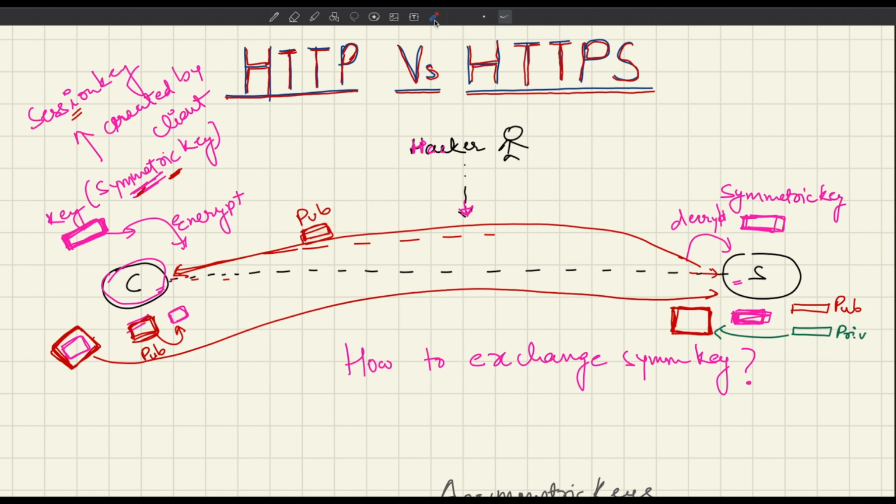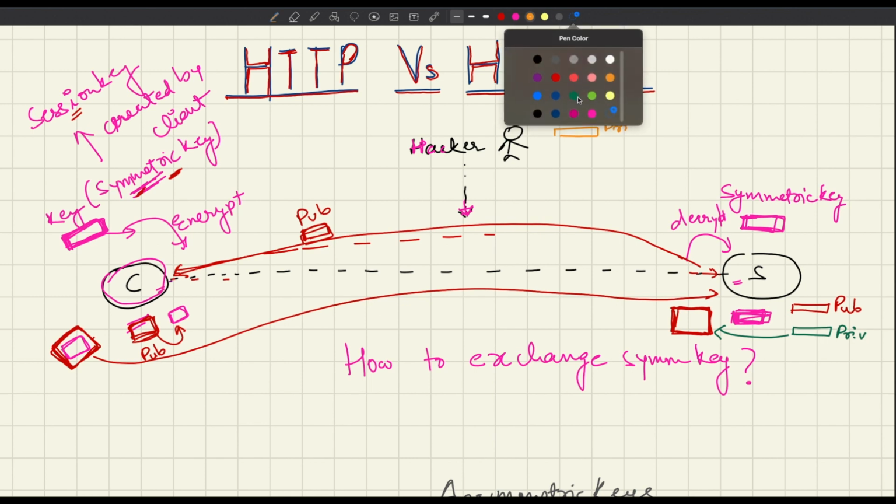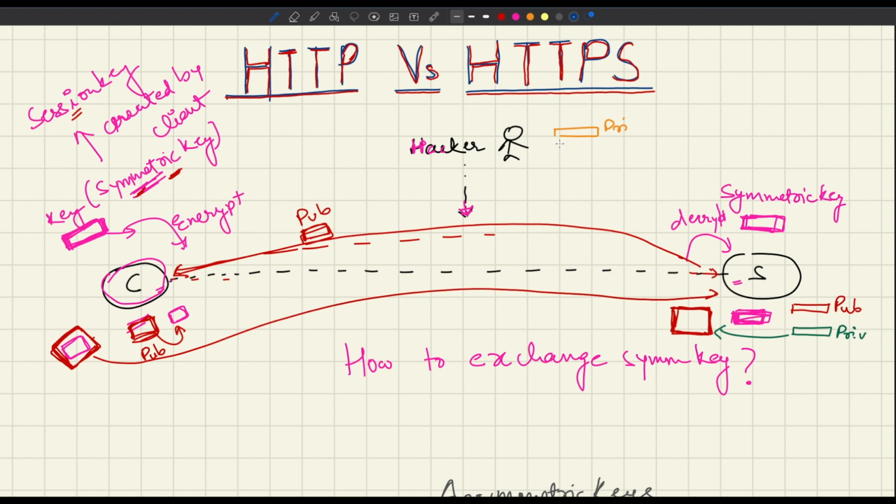So let me just draw that. Let's assume this hacker has its own private key and its own public key, maybe in the blue color. So what if this hacker took out the server's public key and replaced it with its own public key?